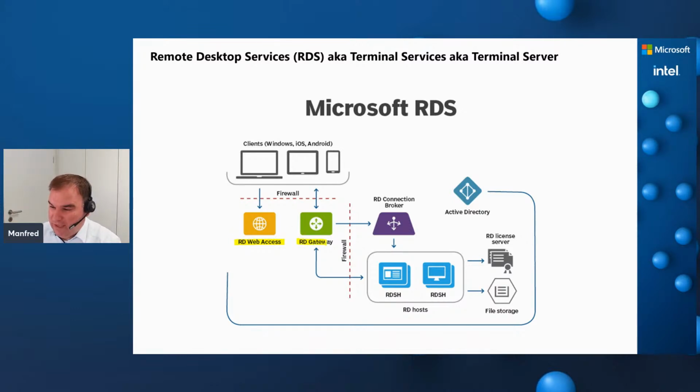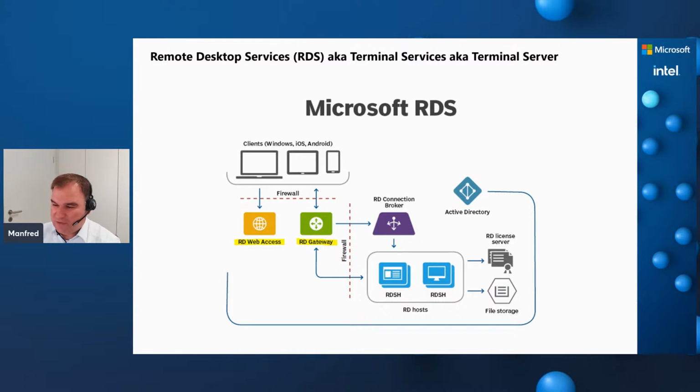The RD Gateway, the Remote Desktop Services Gateway, it's also optional. So I'm using the RD Gateway for many of my live demo environments where I access the remote connection via the Remote Desktop Services Gateway.